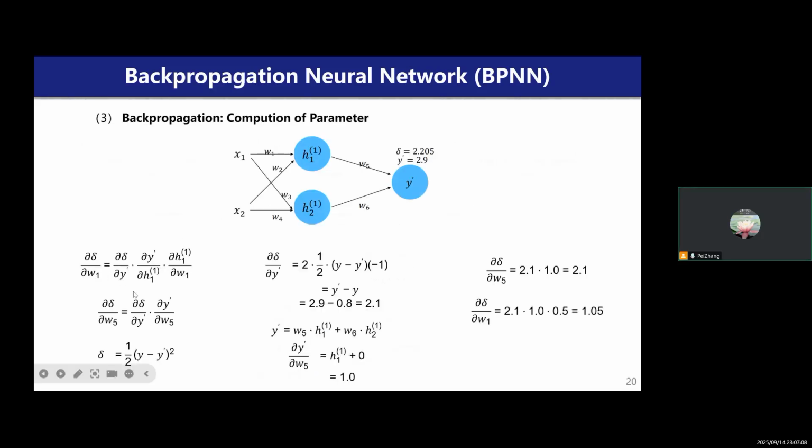Then we calculate the partial derivatives. We can see the partial derivative of the error with respect to y is equal to 2.1, and the partial derivative of y with respect to w5 is equal to 1.0.